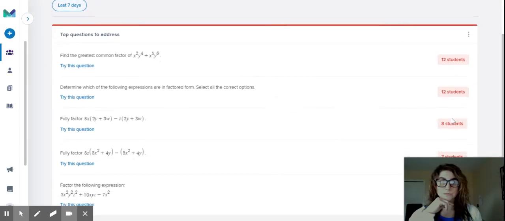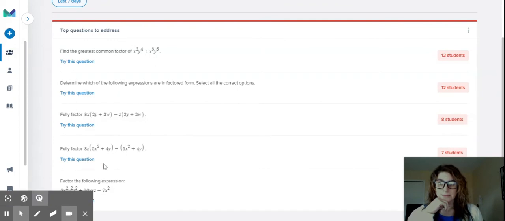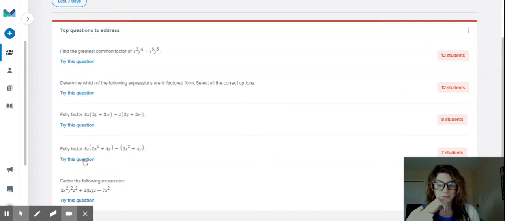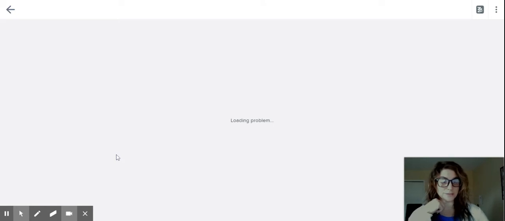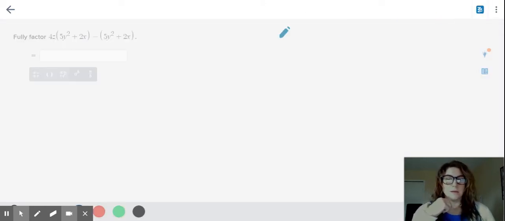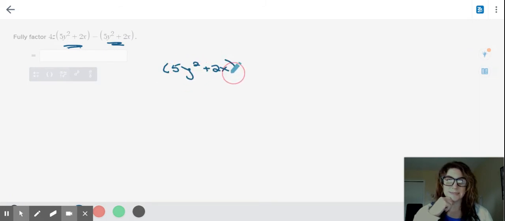Okay. Same thing exactly is going to happen for the fourth problem. You would take the 5x squared plus 4 and pull it out. And actually, let me do that because it is slightly different. Okay, so again, the 5y squared plus 2x, that's identical. So I'm pulling that out. Now what's left goes in front.